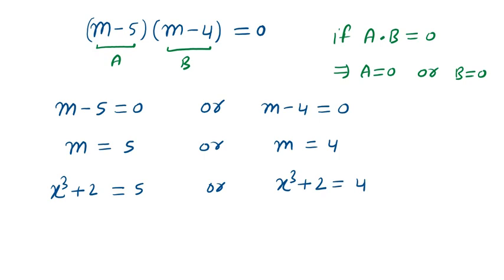If x cube plus 2 is equal to 5, then the value of x cube is equal to 5 minus 2, which is 3. Or x cube plus 2 is equal to 4, then the value of x cube is equal to 4 minus 2, which is 2. Here x cube is equal to 3 or x cube is equal to 2.